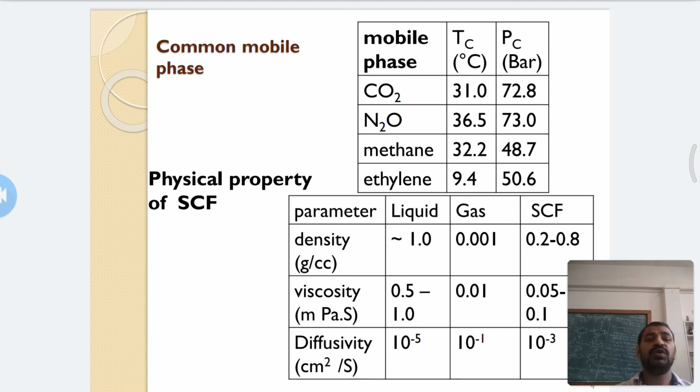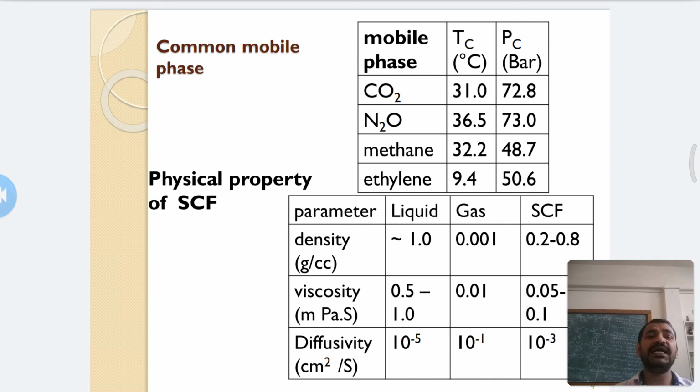In the table, carbon dioxide has a critical temperature of about 31.0 and a critical pressure of about 72.8; at this temperature and pressure it forms a supercritical fluid.